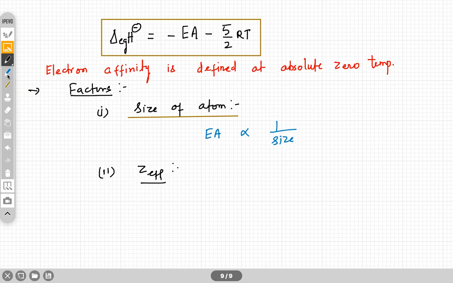Z effective is directly proportional to the energy release in this process, that is electron gain enthalpy, negative charge. Next, write down electronic configuration.